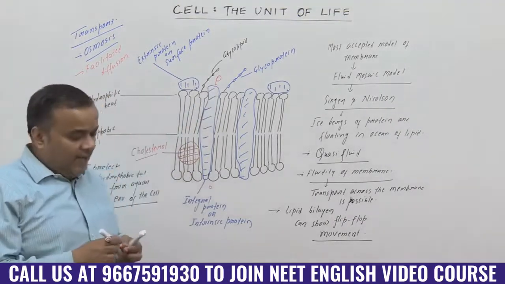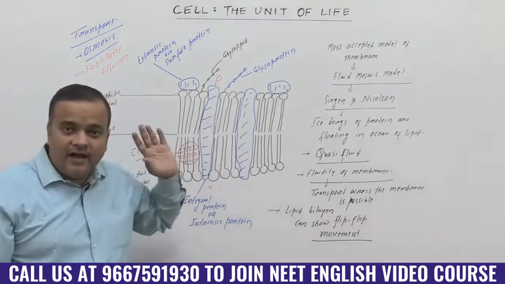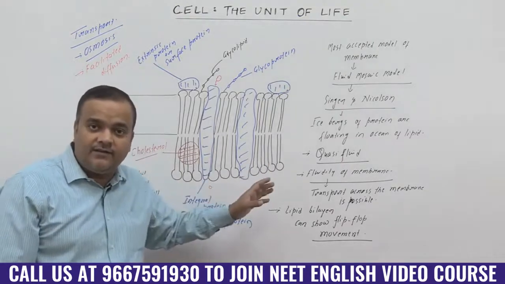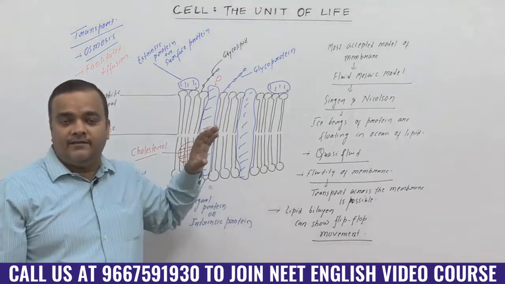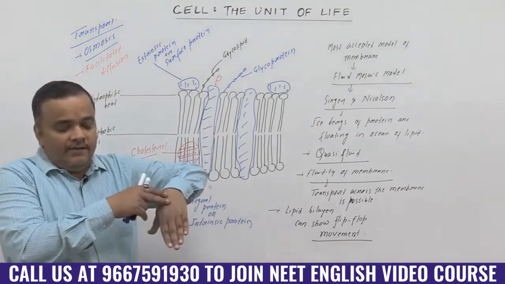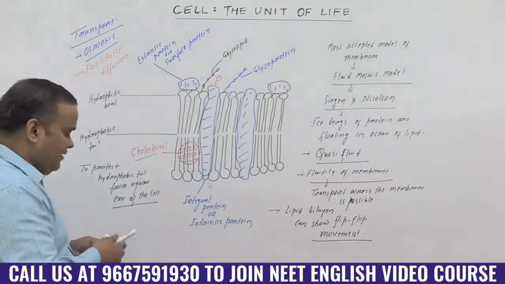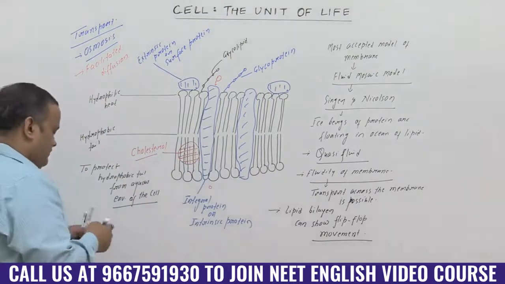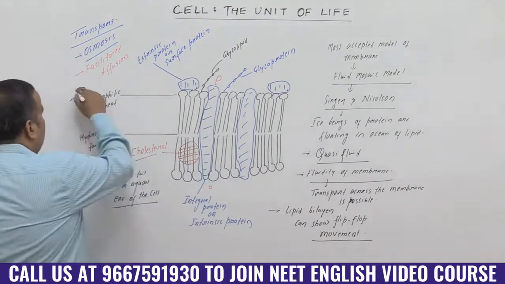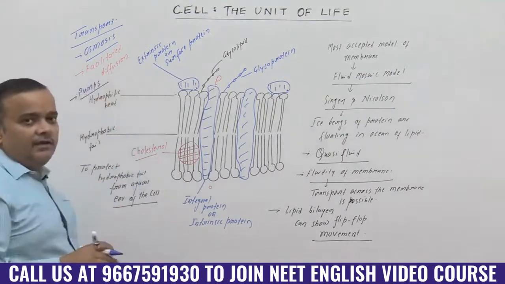That is, this protein facilitates the movement of substance from outside to inside or inside to outside. Now, if this movement is against the gradient, that is from the lower concentration to the higher concentration, like this, uphill, then there are various pumps present on the membrane.